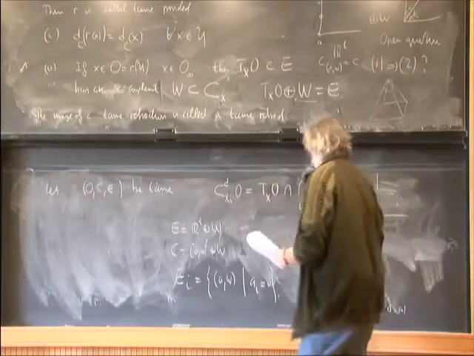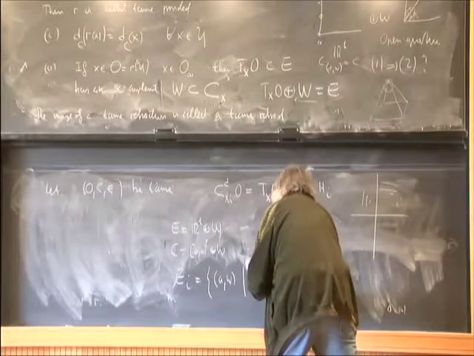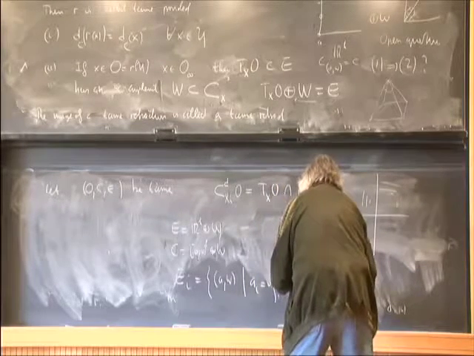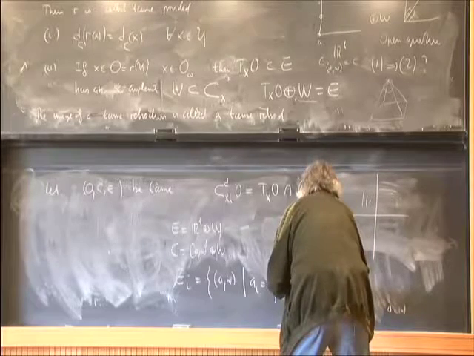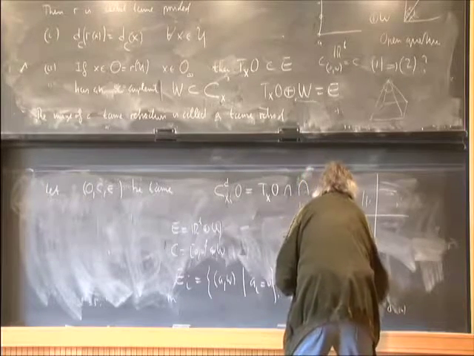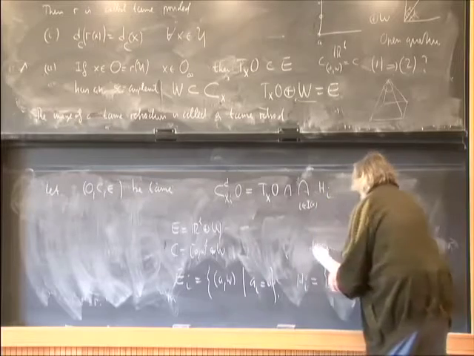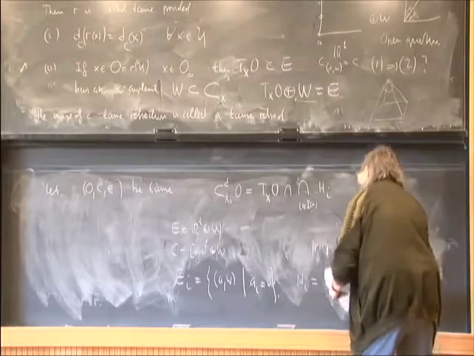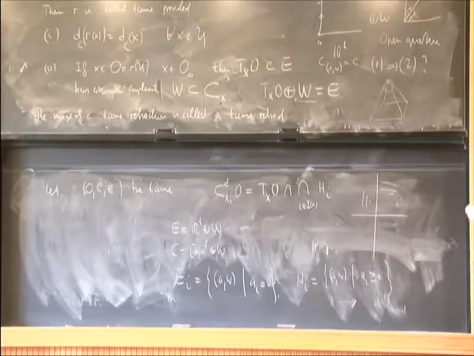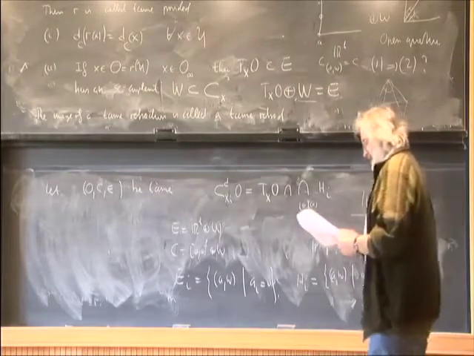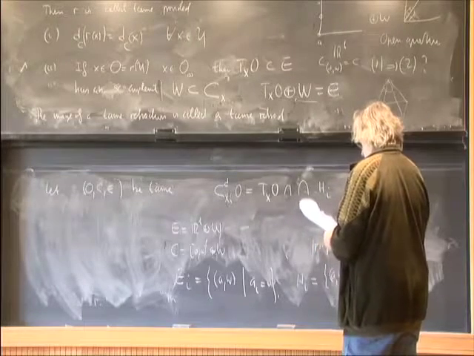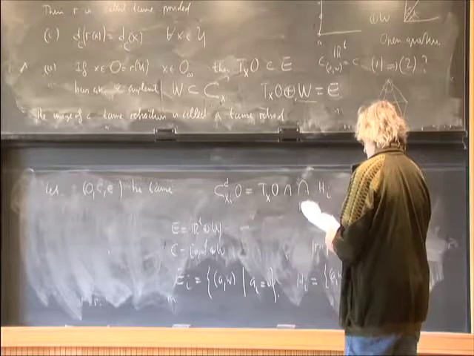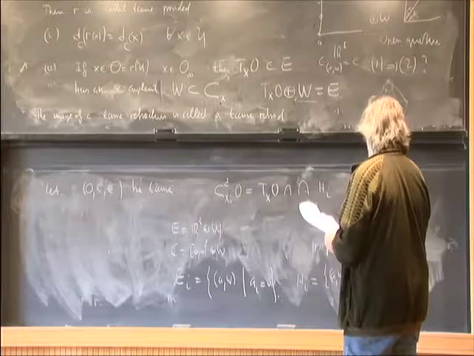Then we have the half spaces HI, which are all A, W such that AI is greater or equal to 0. And then I define I of x, the set of indices where I'm in EI.